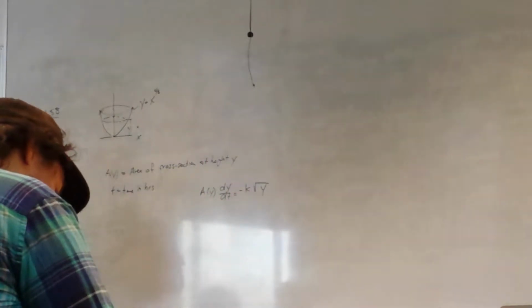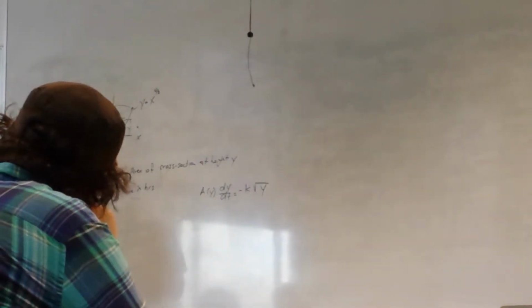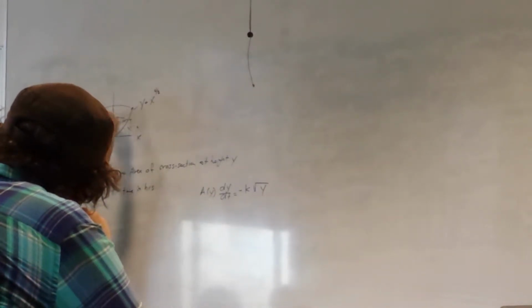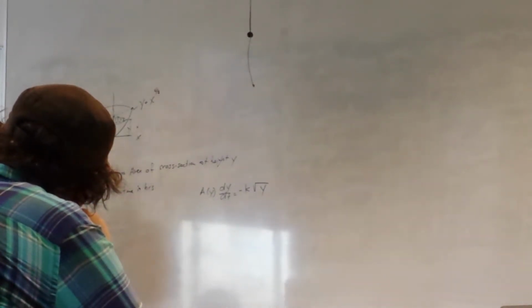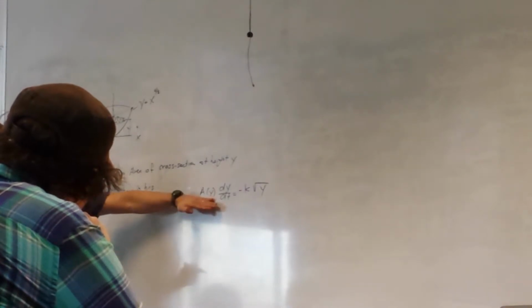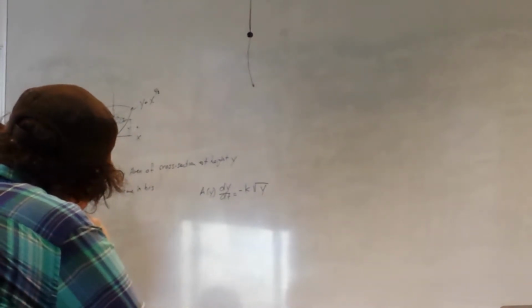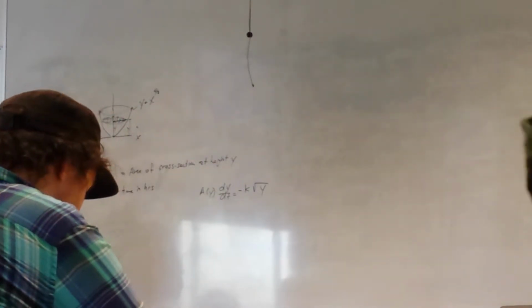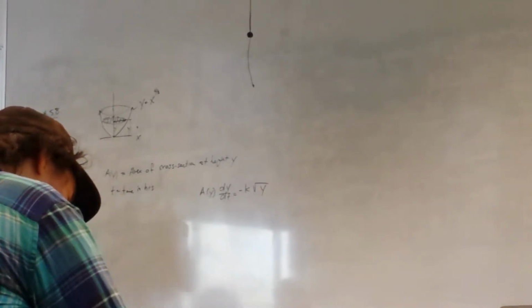And A of y gives us the area of a cross-sectional slice with height y. So can we find that? If we're given a height y, can we find the radius at least of the liquid?